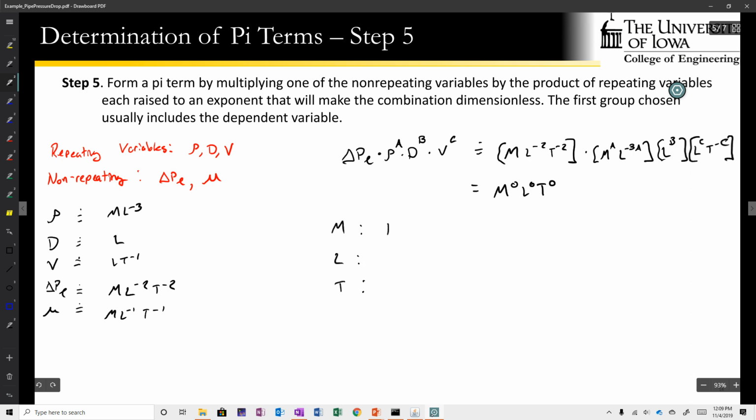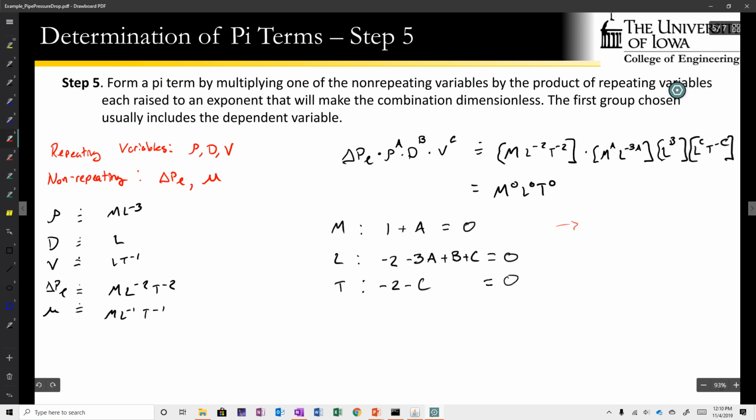For mass, 1 plus A is going to be 0. Length is going to be -2 minus 3A plus B plus C equal to 0. And for time, we have -2 minus C equal to 0. Okay, can we solve for A, B, and C to make that happen?